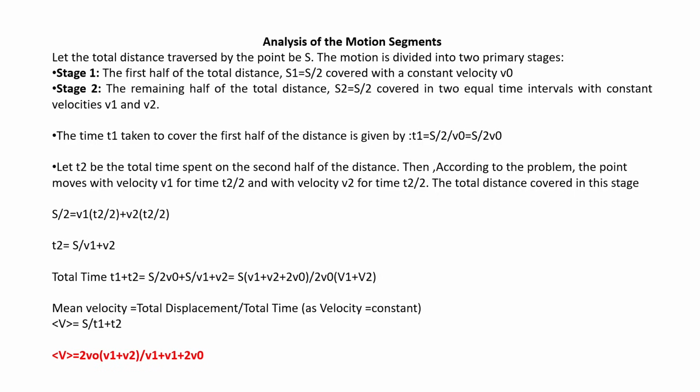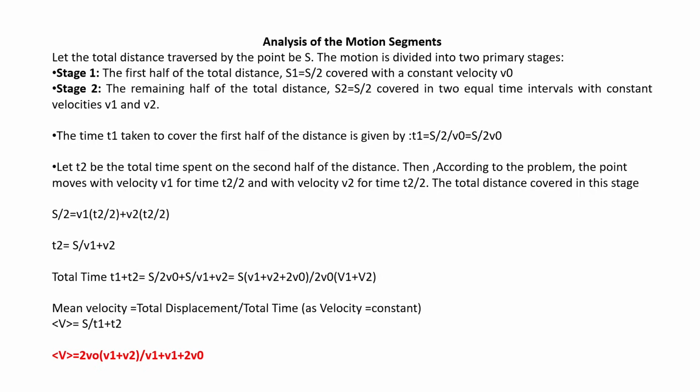So stage 1: s1 is s by 2 and the constant velocity is v0. The remaining half of the distance, s by 2, is covered in two equal time intervals. So time t1 may be written as t1 equal to s by 2 v0, because time is nothing but distance divided by velocity. Similarly, for t2 we can convert it into two parts.